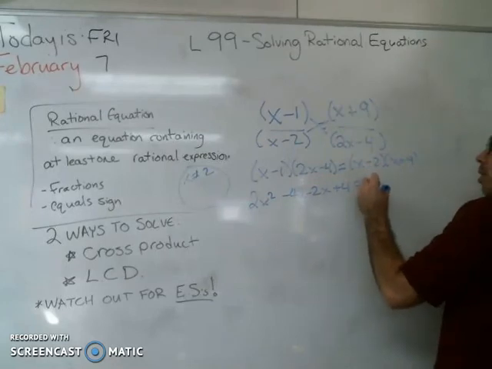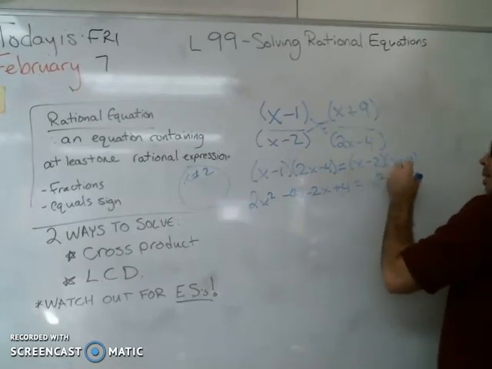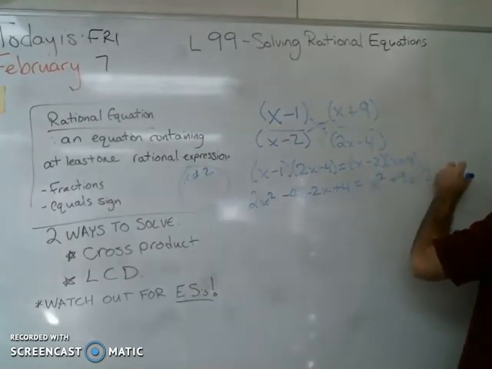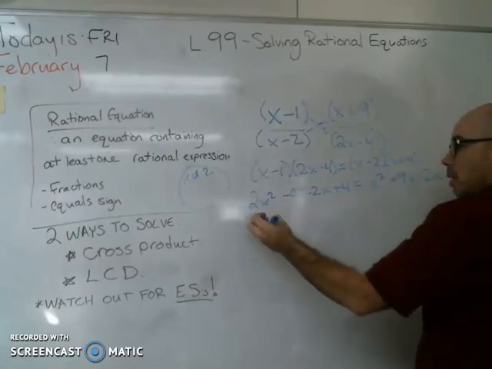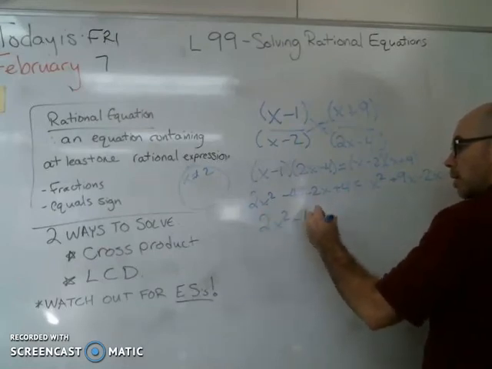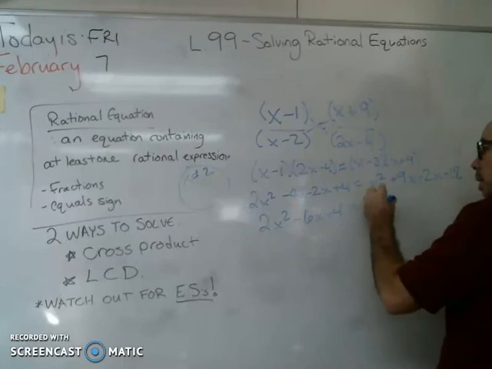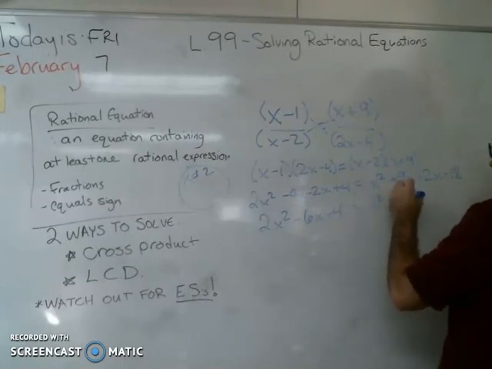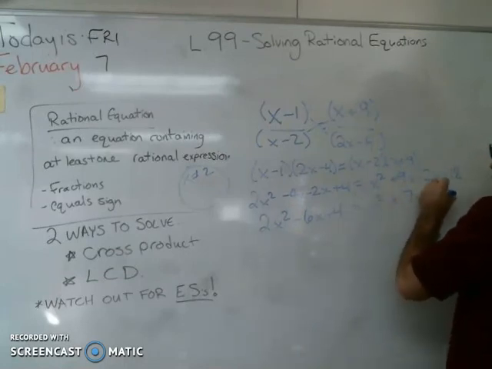Does this equal x squared plus 9x minus 2x minus 18? We shall see. 2x squared minus 6x plus 4 equals x squared plus 7x minus 18.